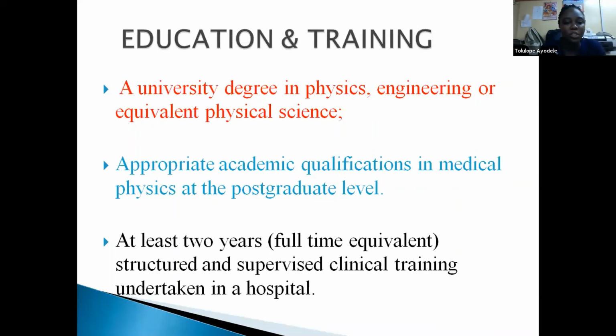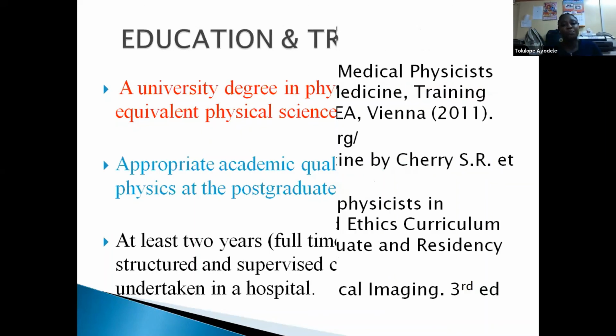We have an appropriate academic qualification at the postgraduate level, be it MSc or PhD. To be qualified as a clinically qualified medical physicist, it has to be well structured and supervised clinical training, and that has to be undertaken in a hospital. Thank you.